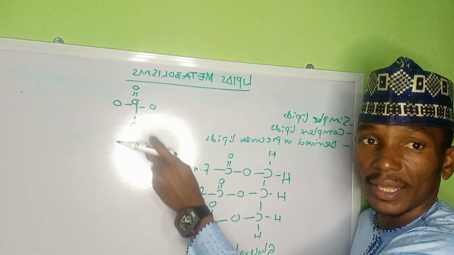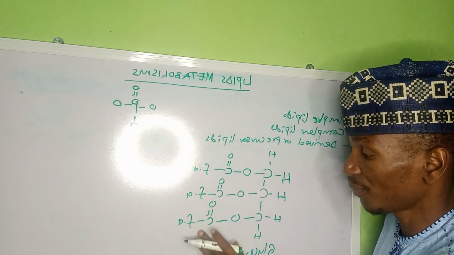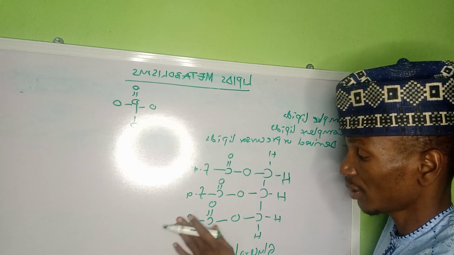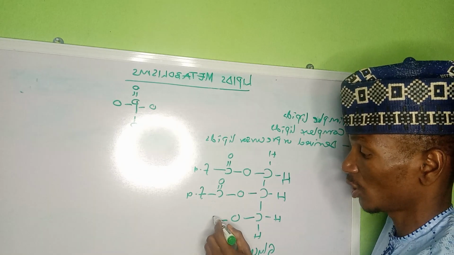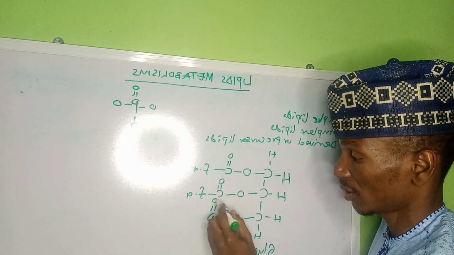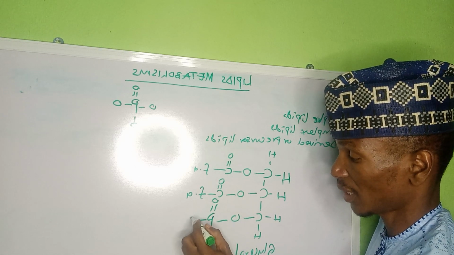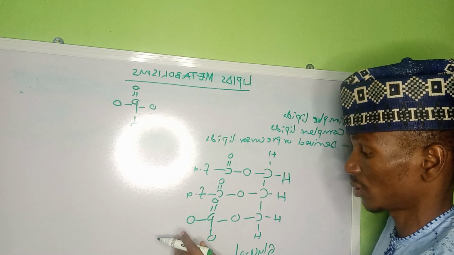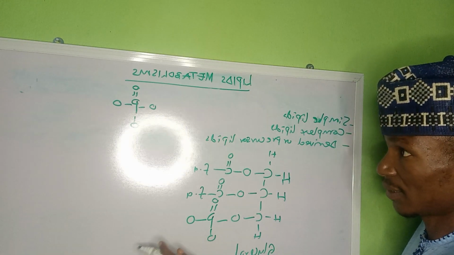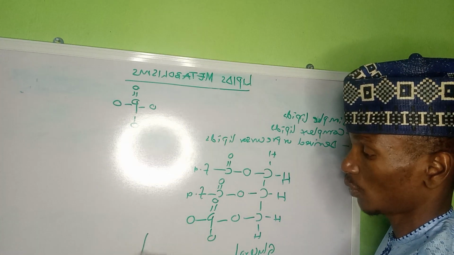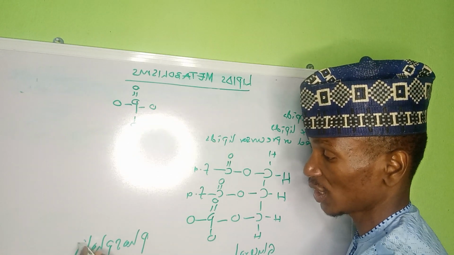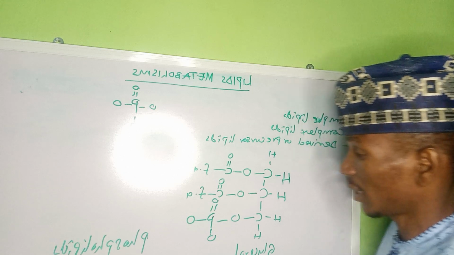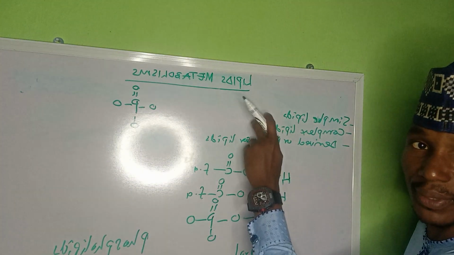So now, in addition to this, if a phosphoric group is attached to this, you can have phospholipid, which is a good example of complex lipid.